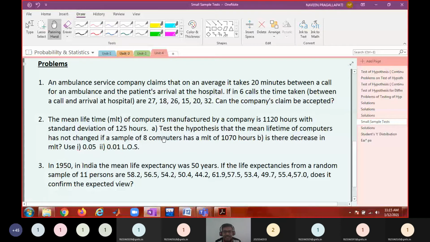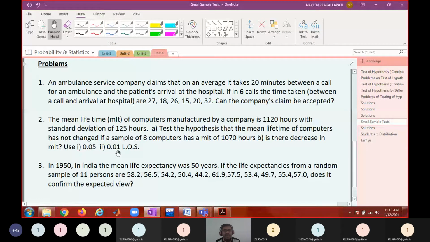Test the hypothesis that the mean lifetime of computers has not changed if a sample of 8 computers has a mean lifetime of 1070 hours. Is there any decrease in mean lifetime? Use 0.05 level of significance and 0.01 level of significance.